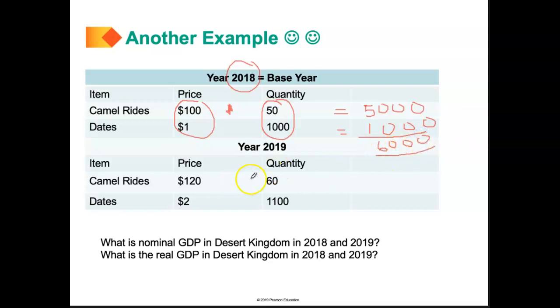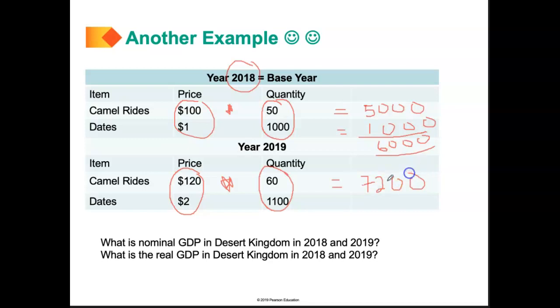To find the nominal GDP in 2019, again, we use the quantity in 2019 times the price in 2019. So it's going to be equal to 120 times 60. Let me just use my calculator real quick, I can't do mental math. So that's 7,200.